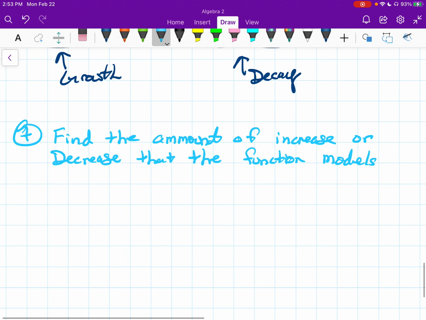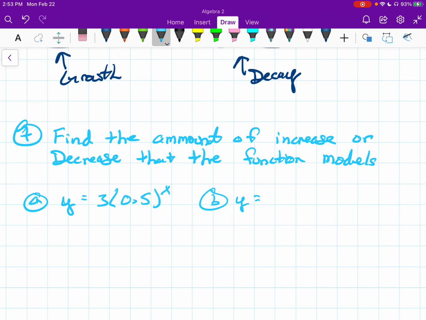In this one, again, I'm going to do 2 of them. Part A will say y equals 3 times 0.5 to the x, and B will be y equals 20 times 1.4 to the x.